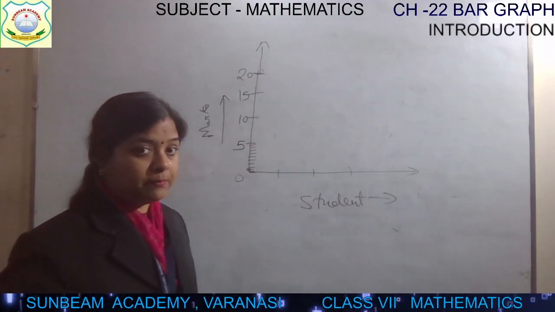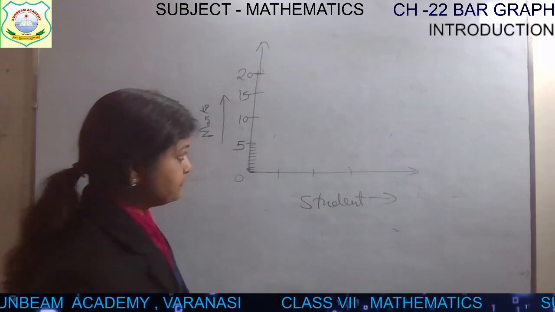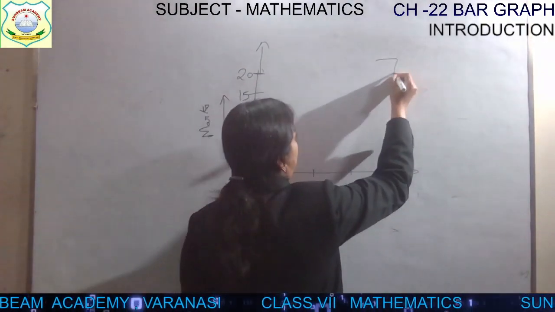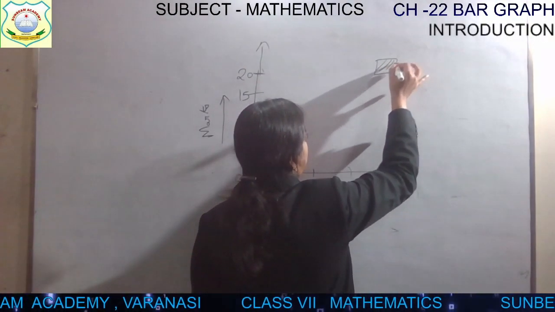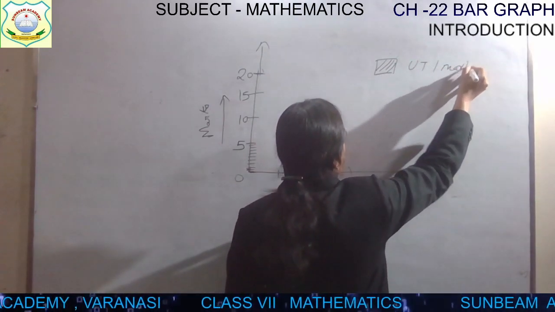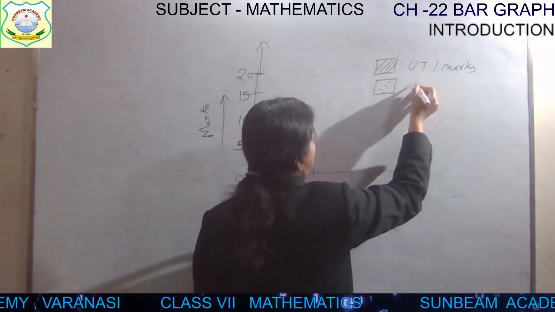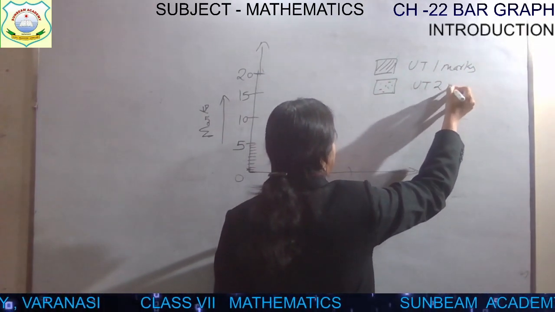Like for example, if you want to relate your UT1 marks and UT2 marks, I will plot here like this. This is for UT1 marks, and this one is for UT2 marks.